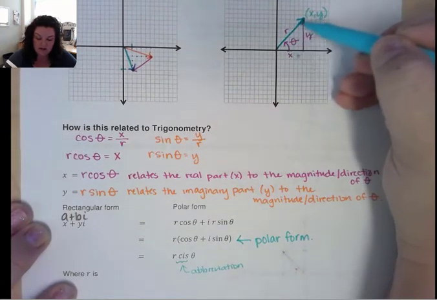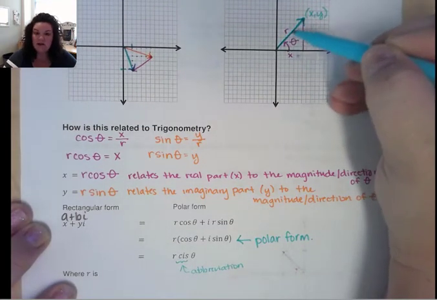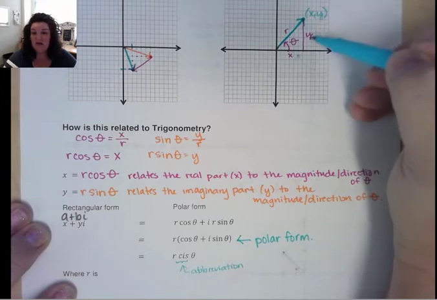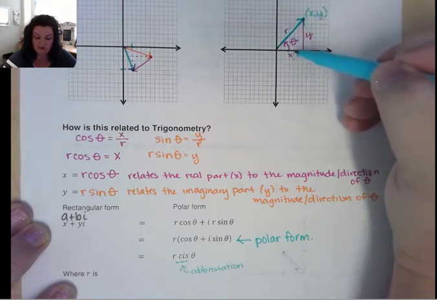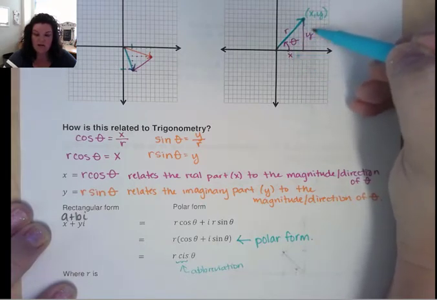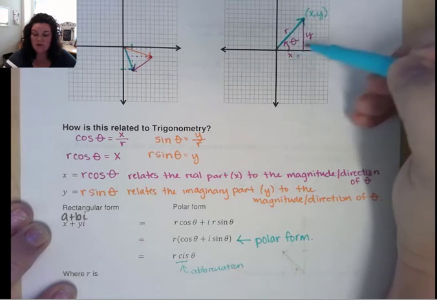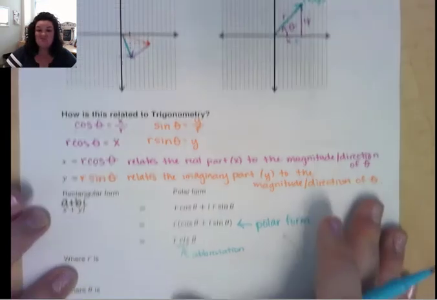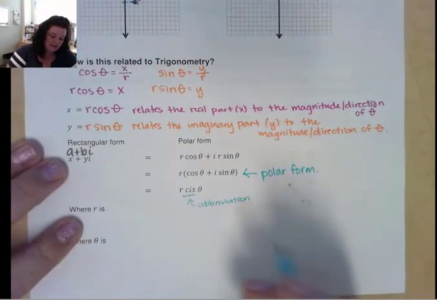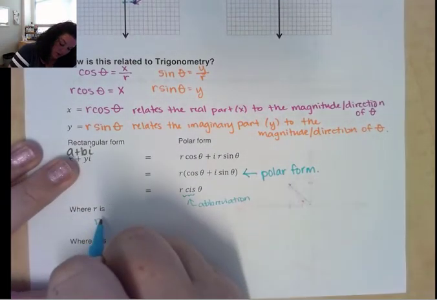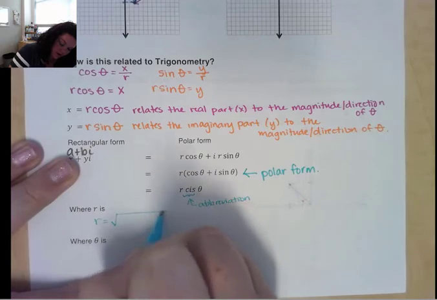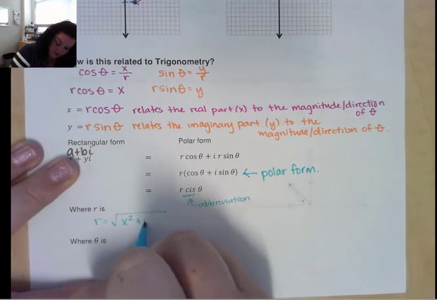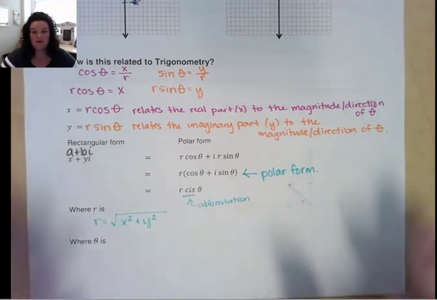And normally the way that we find this distance is we just use the Pythagorean theorem, right? If we know the x unit and we know the y unit, then we can just square those, add them together, and take the square root to find r. So nothing changes. Same thing here, right? r is the square root of x squared plus y squared, okay?